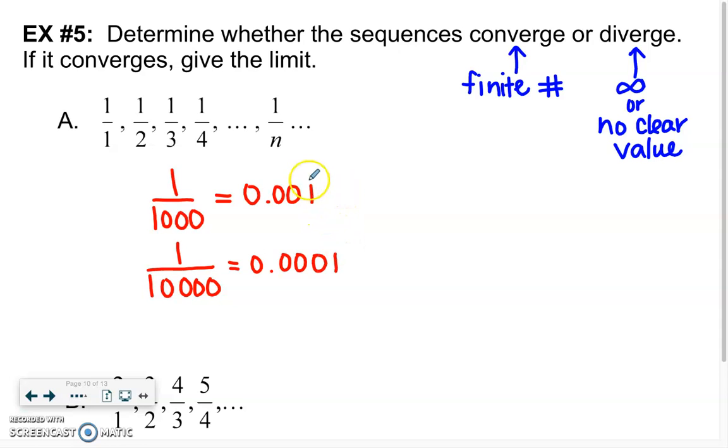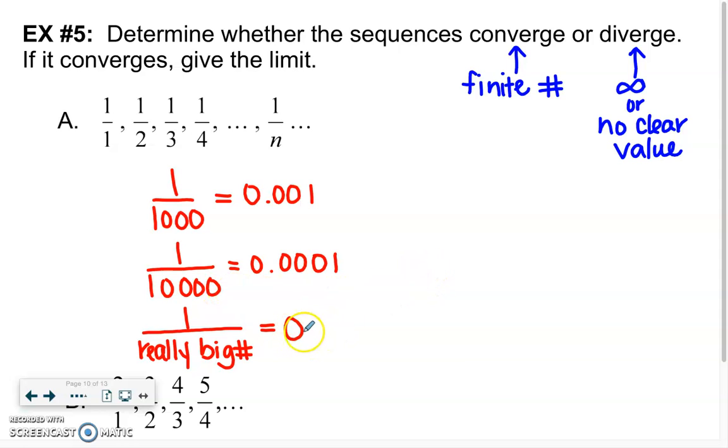The point is that all of these numbers as a pattern are continuing to get smaller and smaller, and eventually, if I put an infinitely large number down here, and we're just going to call it a really big number, it would be equal to basically 0, because this number is going to continue to decrease as the bottom number increases.